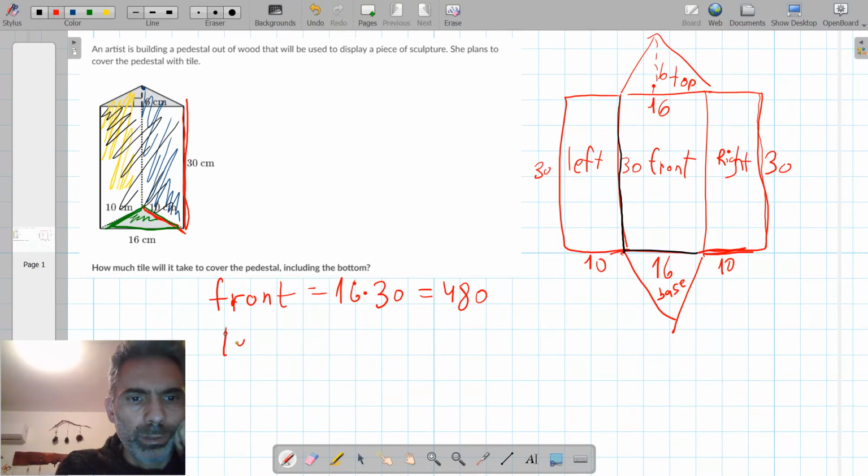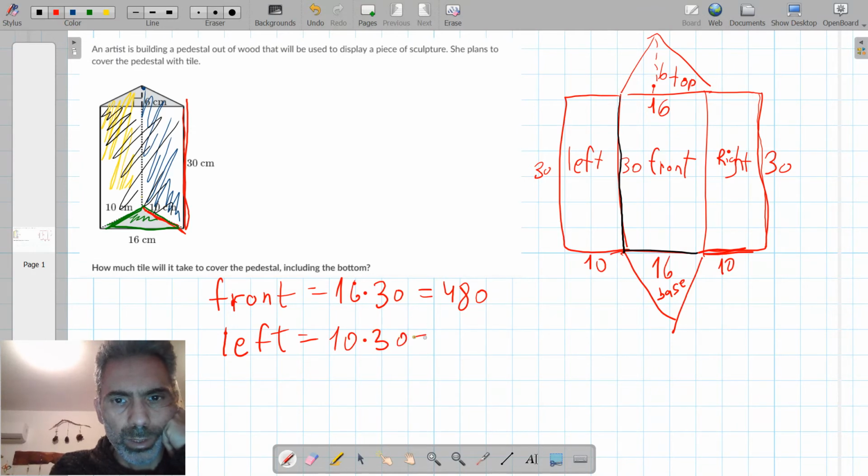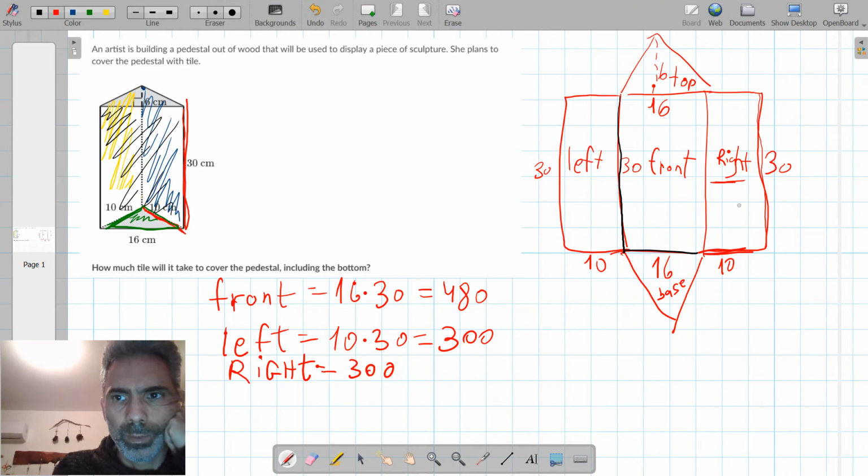Okay, the left face has an area of 10 times 30, so it's 300. And each triangle at the base and at the top.